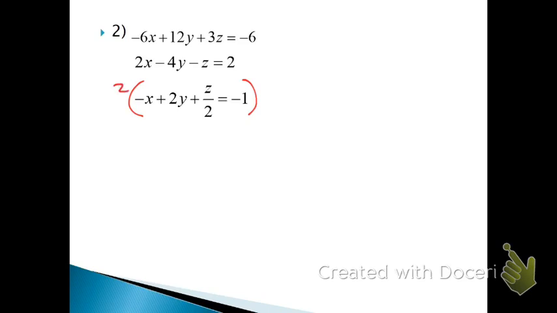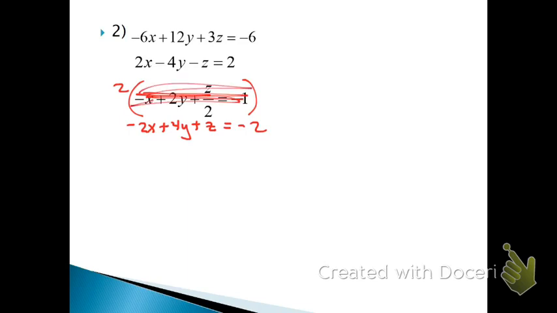Okay? So let's clear fractions on this bottom equation by multiplying everything by 2. So when I do that, it now becomes negative 2x plus 4y plus z equals negative 2. If a student makes a mistake, the most common one is forgetting to multiply all the way across. So this equation doesn't exist anymore.